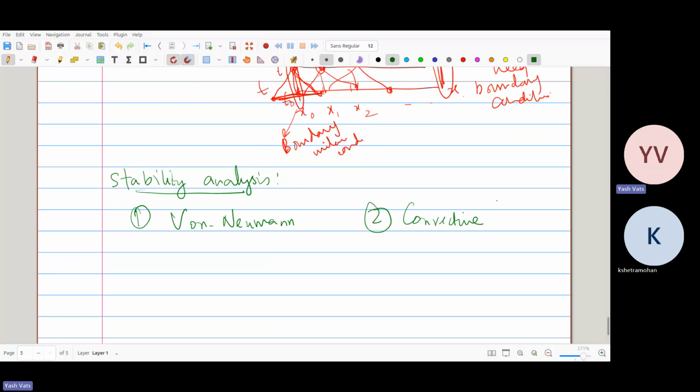So what do you mean by stability of a numerical solution of a PDE? How do you define stability?